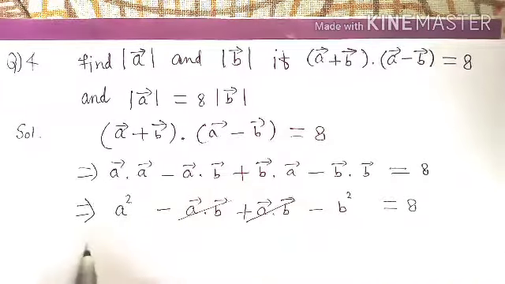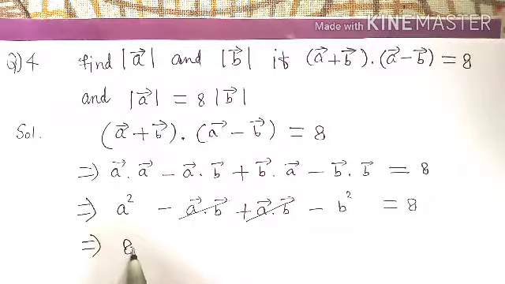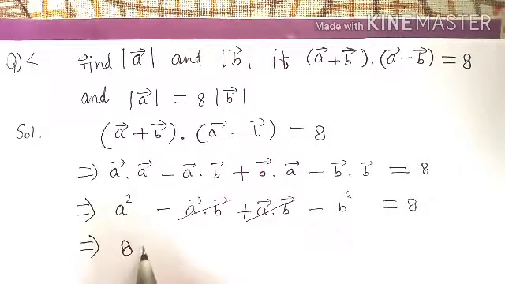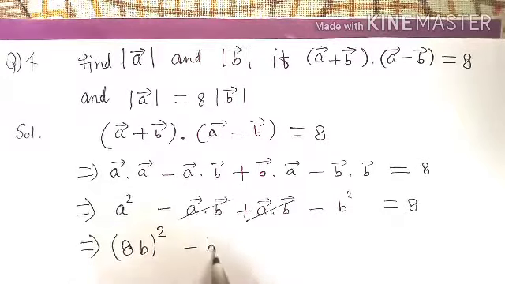This implies that the magnitude of vector A is 8 times the magnitude of vector B, so we can write A as 8B. So (8B) square minus B square is equal to 8.